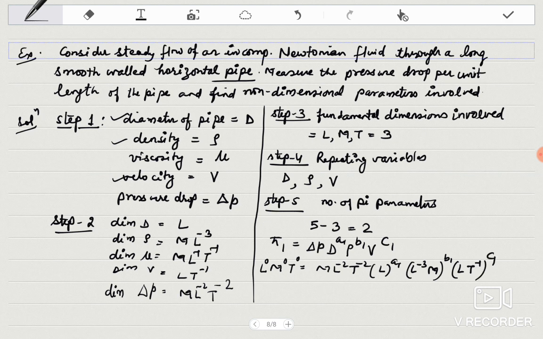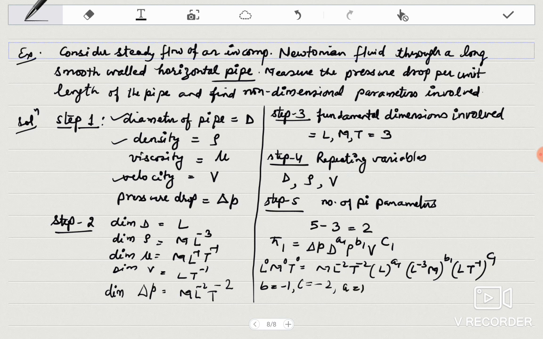Compare the two sides and get equations in A1, B1 and C1. When you solve it, you will get B to be minus 1, then C to be minus 2 and A to be 1.